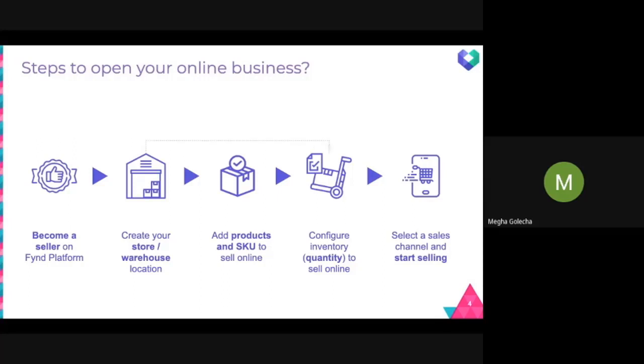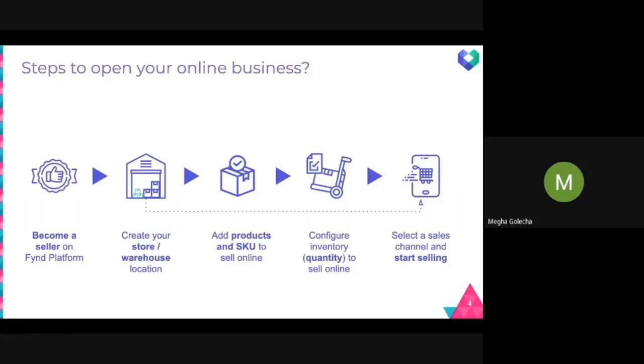Then you will choose the location from where the inventory will flow. And lastly, you will select the sales channel that you would like to sell your products in. I know this is just a short brief. In today's session, we'll drill down into small modules, and I will explain it step by step. So let's go.